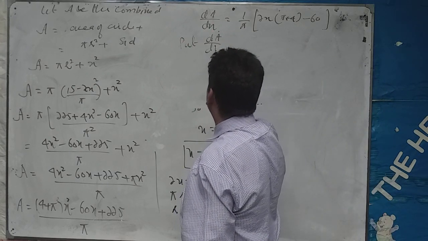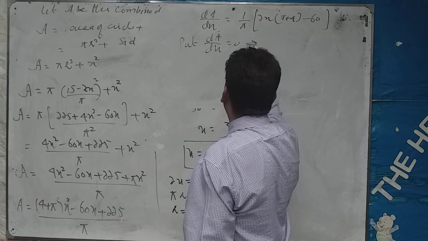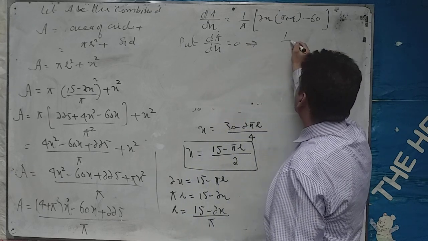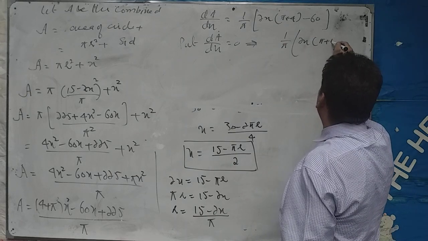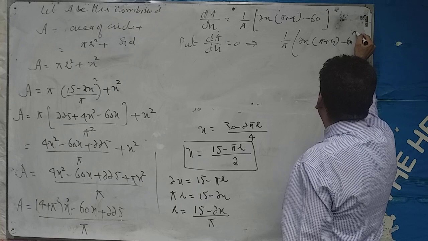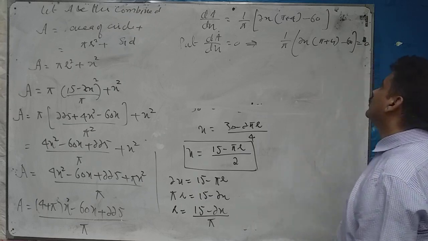Here we put dA by dx is equal to 0, which implies that 1 by pi (2x multiply pi plus 4 minus 60) is equal to 0.